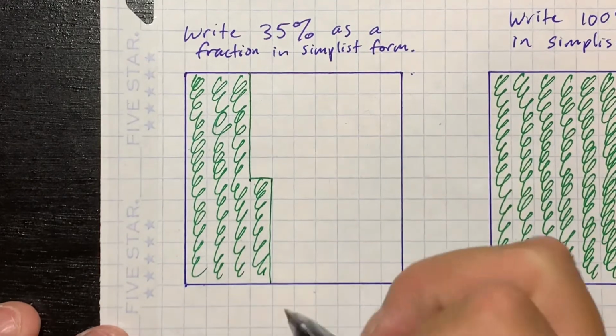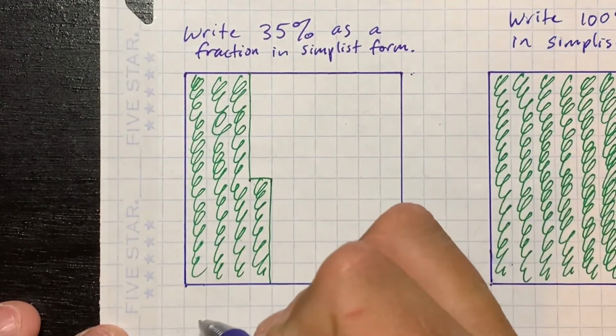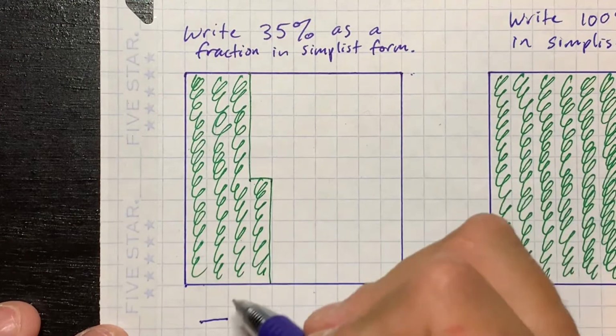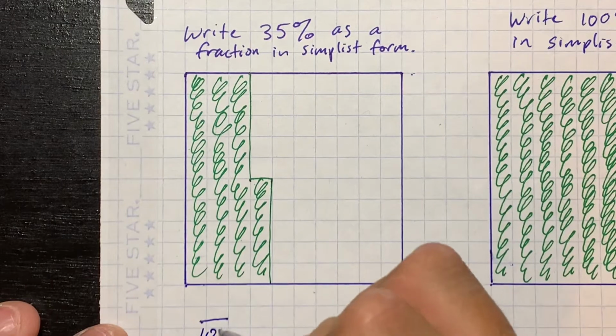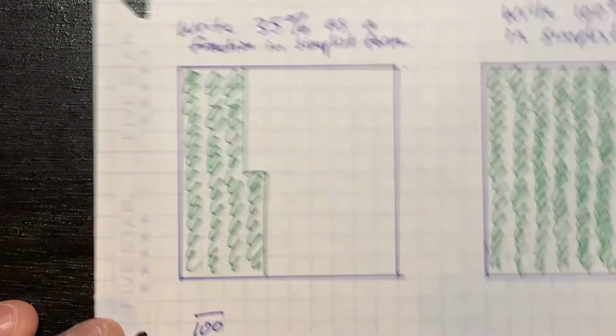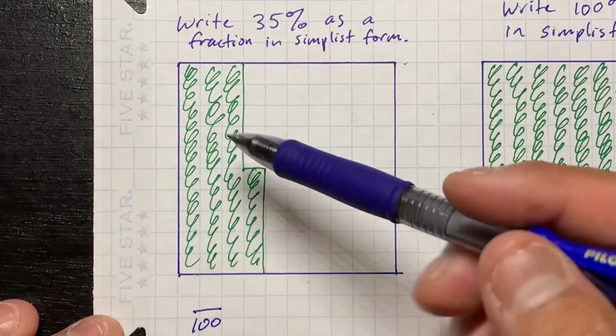Since we're writing a percent as a fraction, with this 10 by 10 grid, or in other words a flat, there are 100 total units. All we have to do now is count how many are shaded.